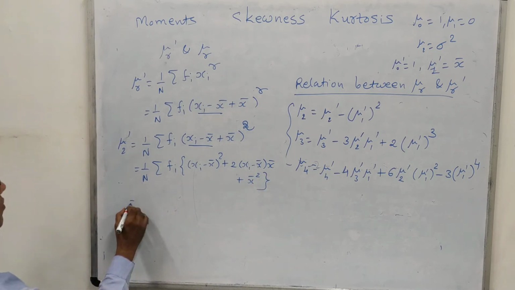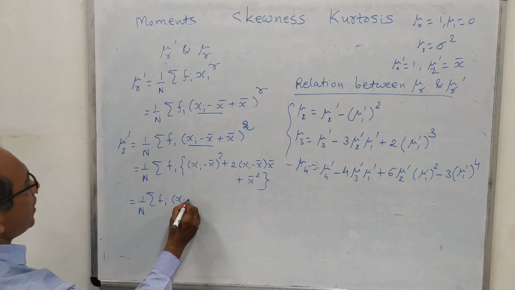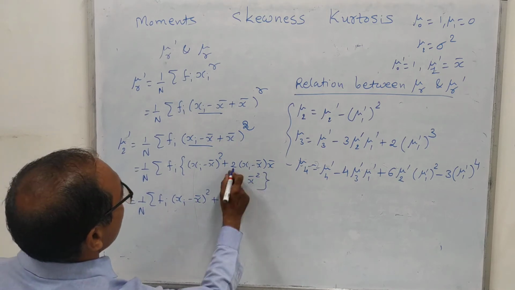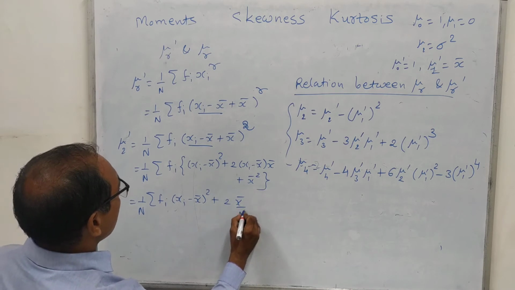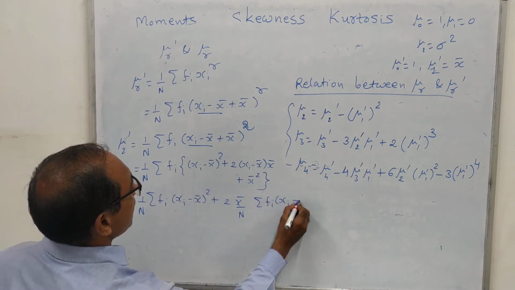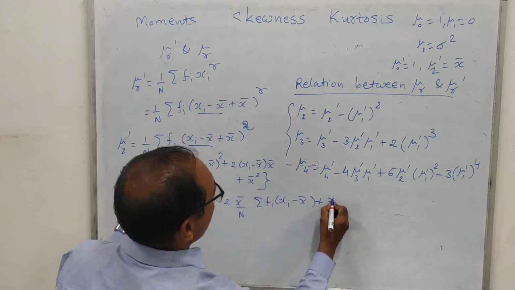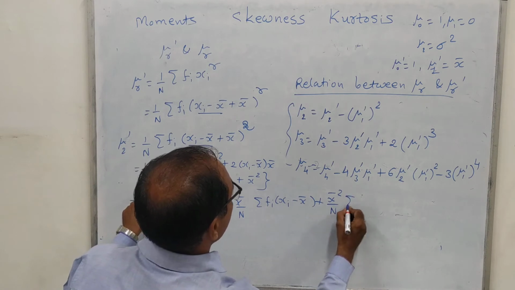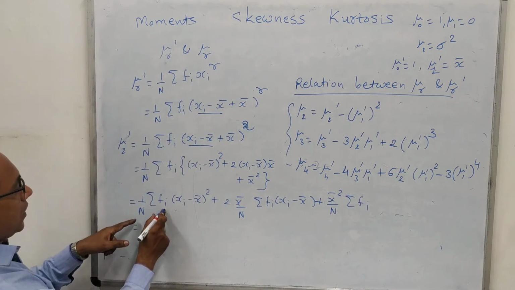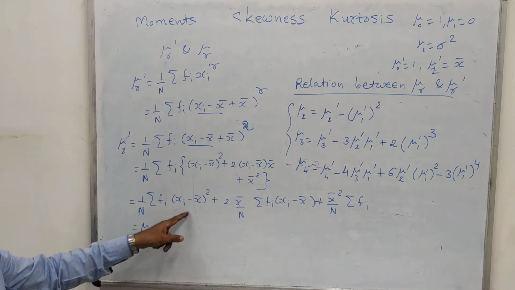So we split out these terms. So 1 upon n sigma fi xi minus x bar whole square, plus 2 x bar here is common, so 1 upon n sigma fi into xi minus x bar, plus x bar square will be common, so x bar square upon capital N into sigma fi. So this is nothing but mu2, which we already know.